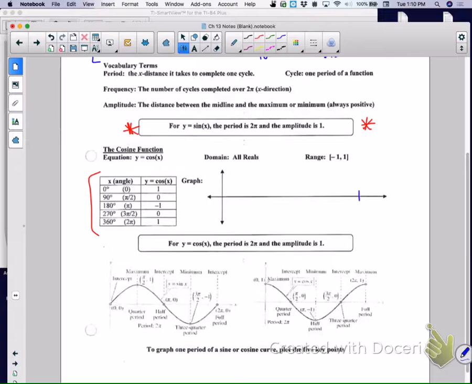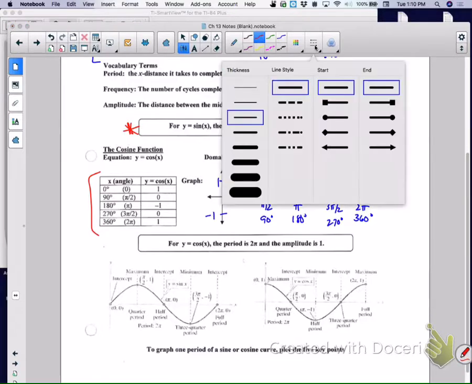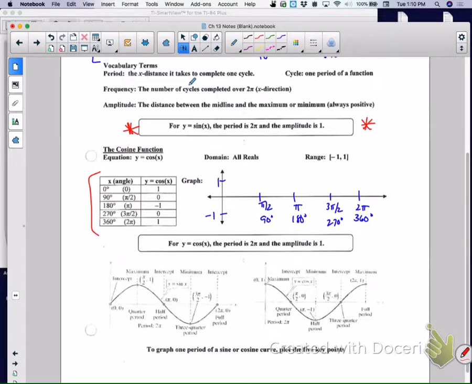If we throw this one on the graph here, again like the other one, and plot our points, this one is going to start up in the air. And then we're going to go here, and down here, and here, and here. And this is my upside down bell shape.